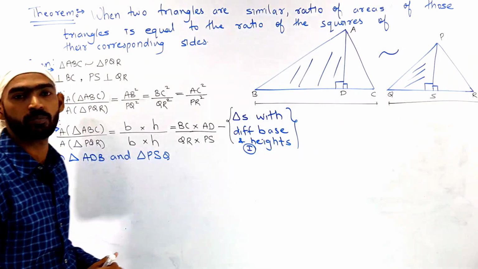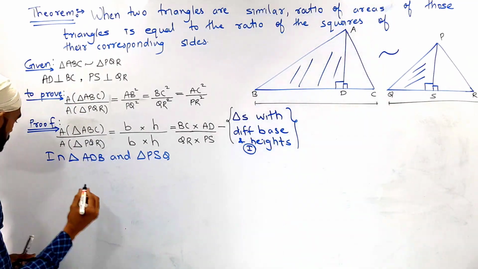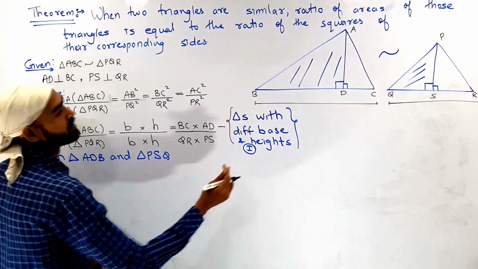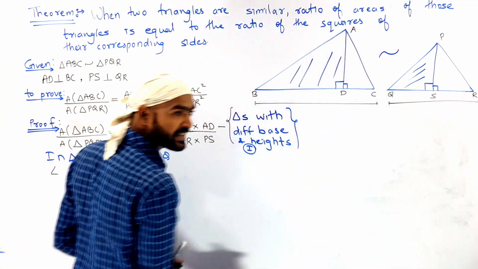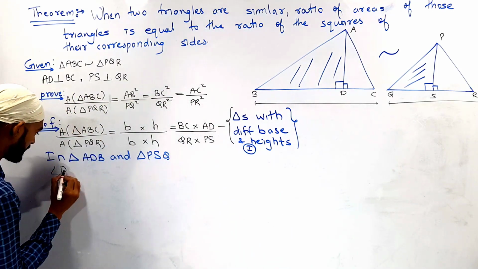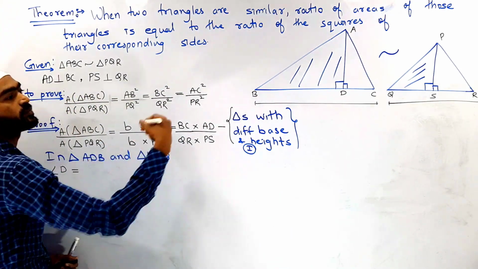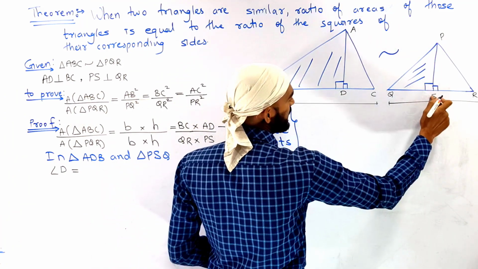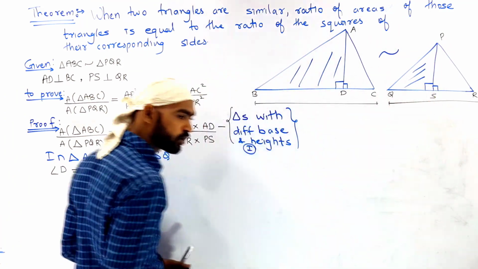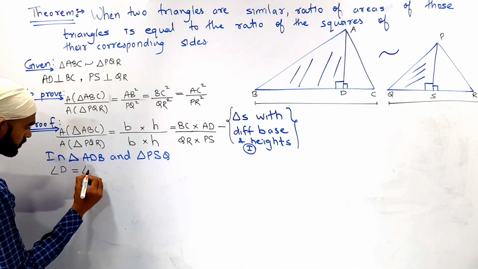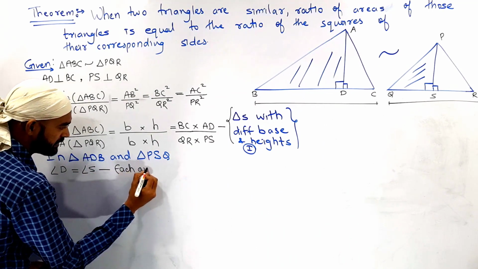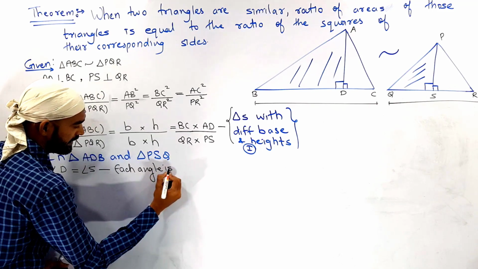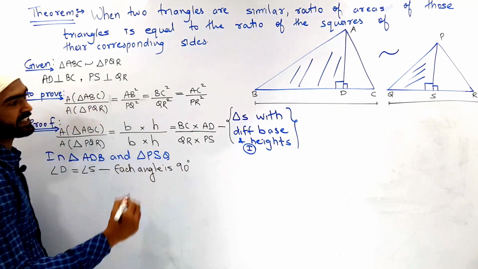How we can prove them similar? Let us see. The triangle ADB has angle D as 90, so we'll write here angle D is 90. Similarly, in triangle PSQ, angle S is also 90. Reason: each angle is 90 degrees.